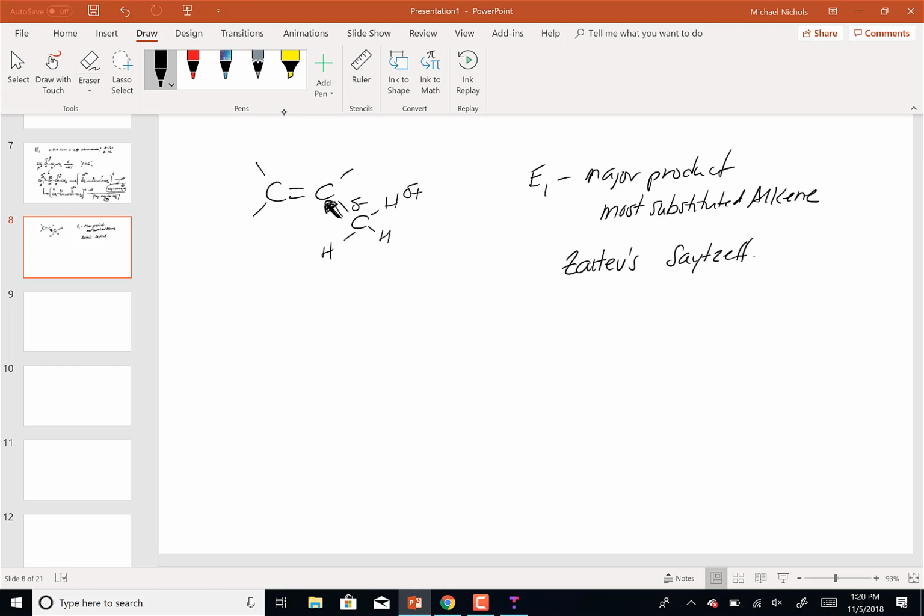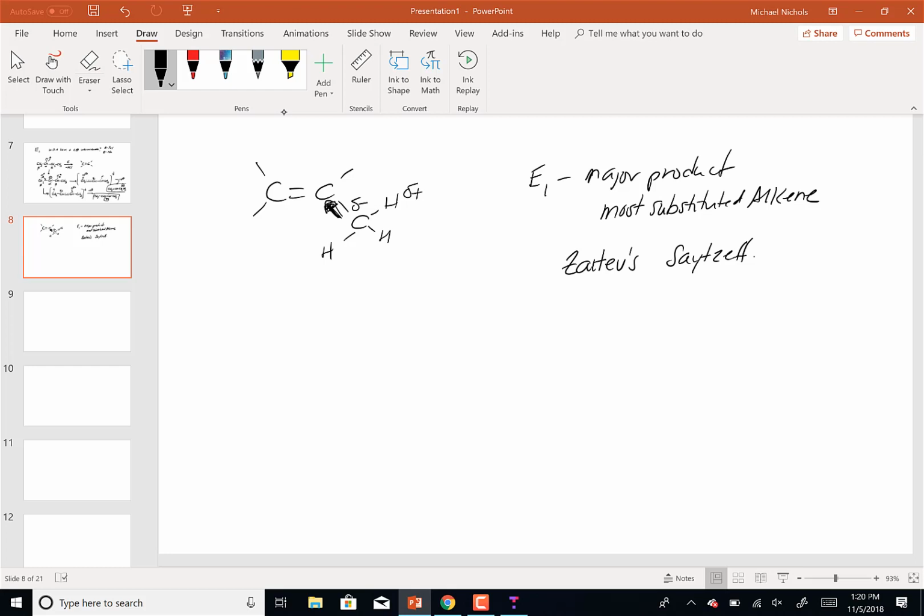It's Russian translated into German, translated into English, but it's Saytsev's rule. We're going to deal with some Russian chemists in the next few weeks. Saytsev, Markovnikov. Although Markovnikov gets credit for a rule that he didn't even come close to proposing, because his paper has nothing to do with what they gave him credit for. I'm not sure if that's the case with Saytsev or not, but let's just assume that he gets full credit.